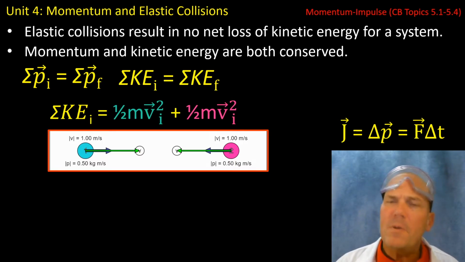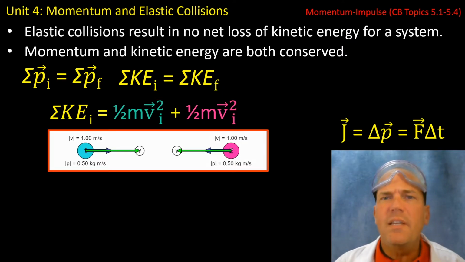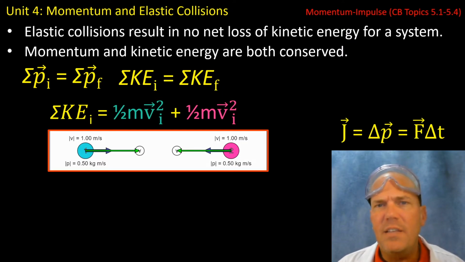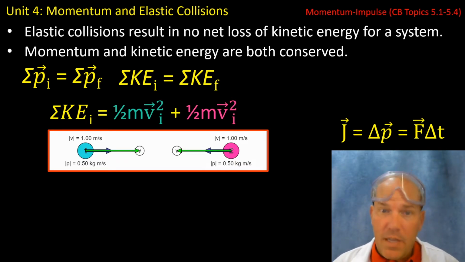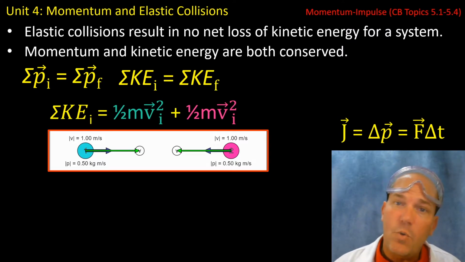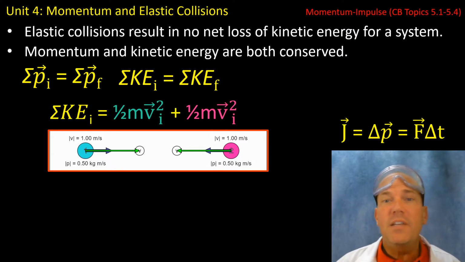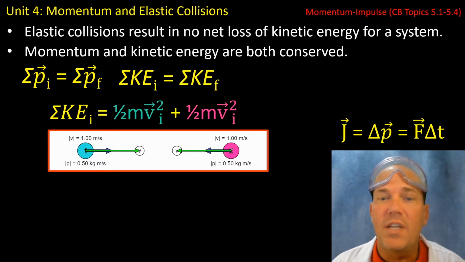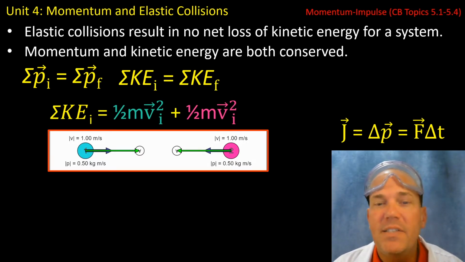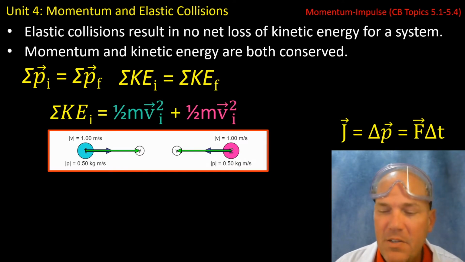Also remember that now we're dealing with energy. Energy is scalar. Also recall from the previous unit that when we plug in our velocity values, those are indeed vector quantities, however, because those values are squared in the kinetic energy equation, we're always going to get a positive value for kinetic energy.